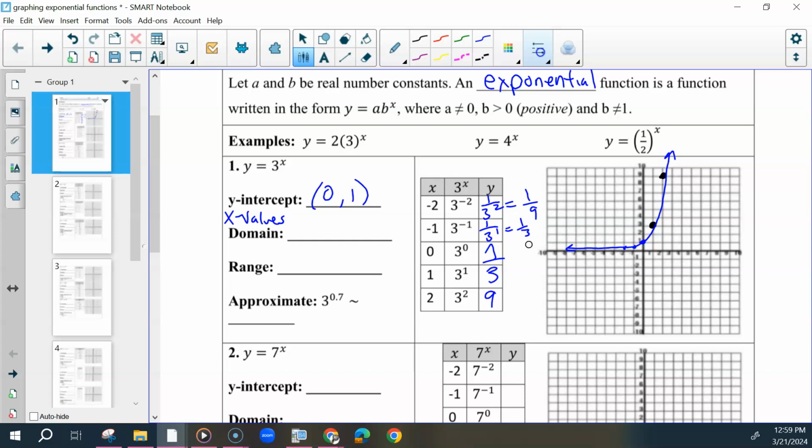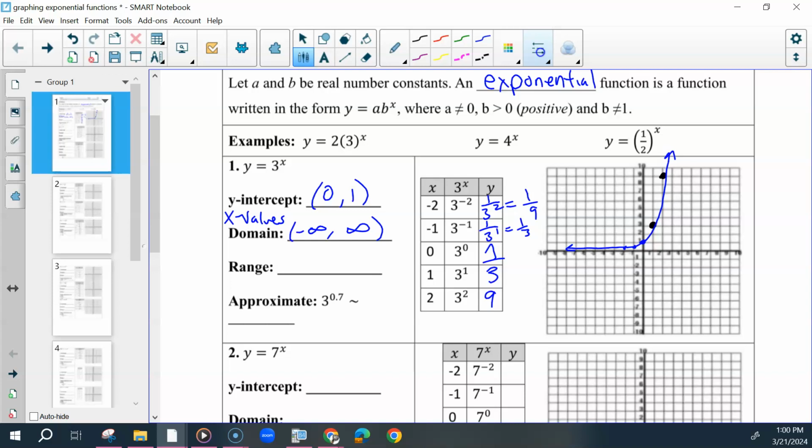The arrow means it's going to keep going to the left all the way to -infinity. And as I follow this function, it keeps going up and slightly right off the graph, and it's going to keep going to the right forever. So it's going to start at -infinity and end at +infinity. Your domain is not going to change for any of your exponential functions. It will always be the same.